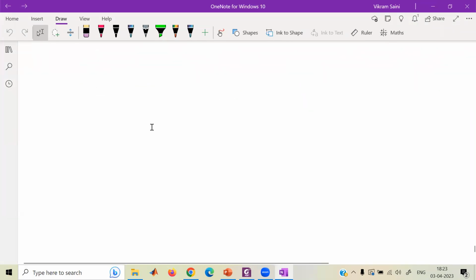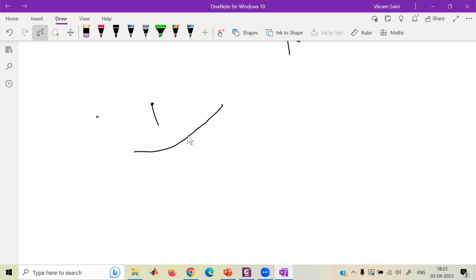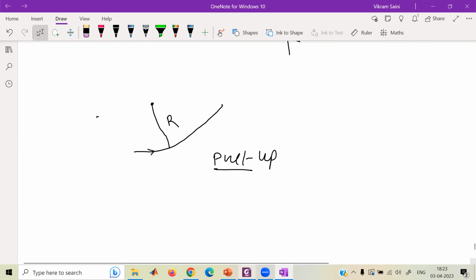I just need an empty page. Do they mean this thing? Imagine the aircraft is going up like this, and they mean this radius? Yes, sir. And this qualifies as a pull-up maneuver, right? Yes, sir.